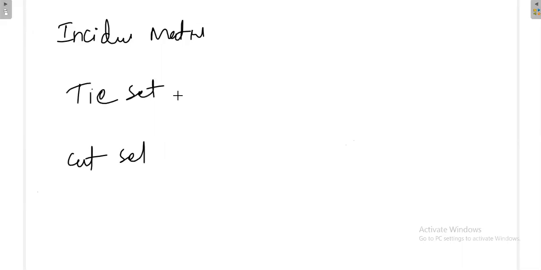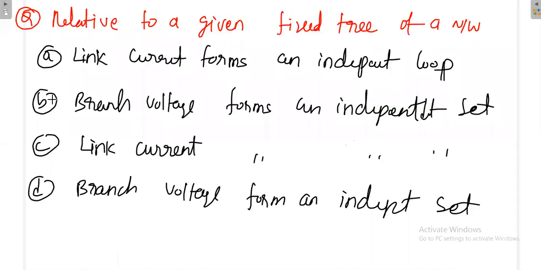Just imagine what we are doing in all these three techniques. Once you understand that, you can easily choose the answer. The options are: link current forms an independent loop and branch voltage forms an independent set; link current forms an independent set; branch voltage forms an independent set. One more idea here is that we never used the term set so far.